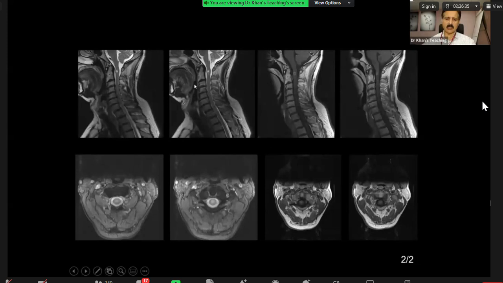You can see there is a subtle enhancement and there is nodularity there. Hemangioblastoma, of course, you can keep in the differential, as we have discussed before, that classically there will be a tumor blush. I've shown you hemangioblastomas previously when we covered phacomatoses, and they will be very intensely enhancing.